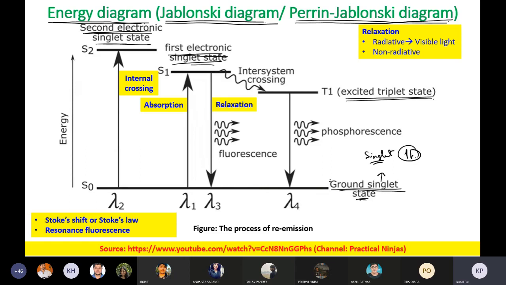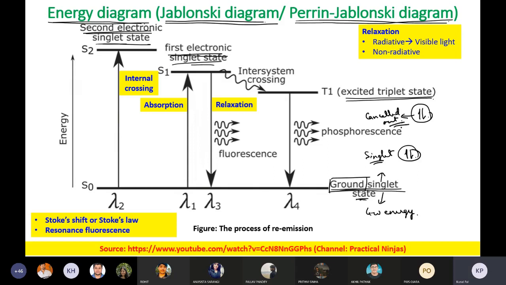Because in the ground level you have the singlet state. That means the singlet state is a low energy state. If in a molecule you have spins opposite to each other, the magnetic dipoles that are created get cancelled out.